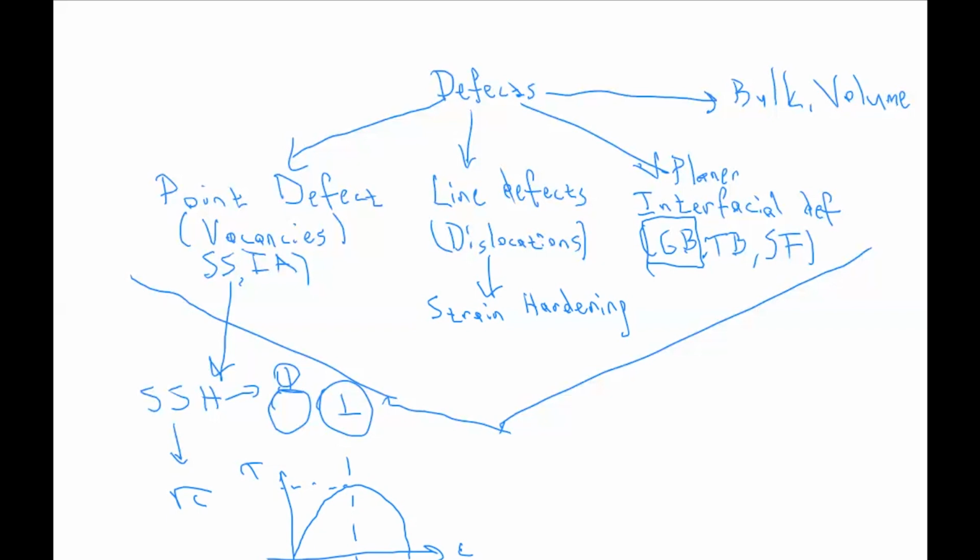The main idea of all of these strengthening mechanisms is the same. If anything blocks or hinders the movement of dislocations, it creates additional strengthening. And for grain boundaries, the main strategy is basically based on reducing the mean free path of the dislocation.